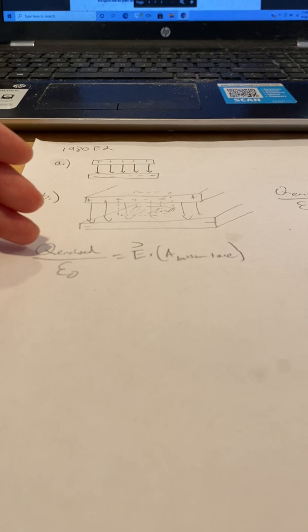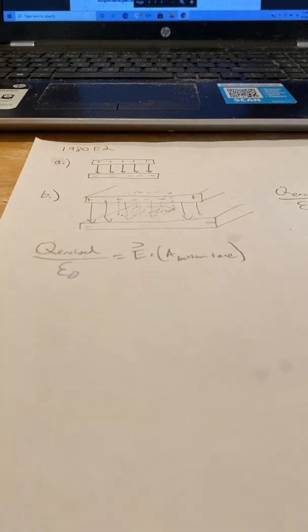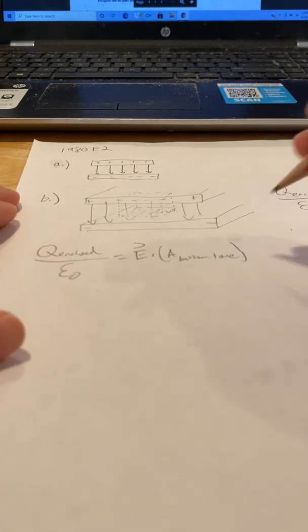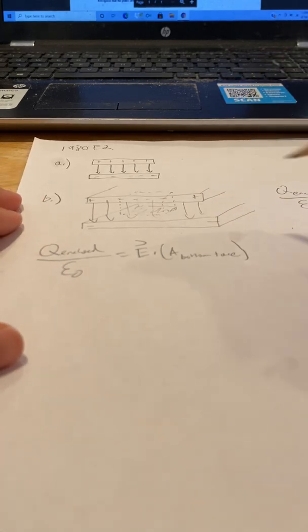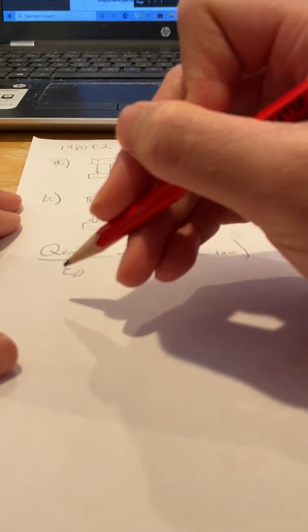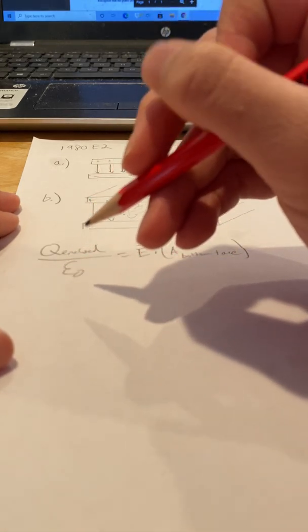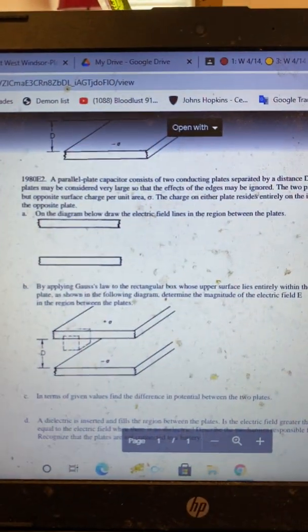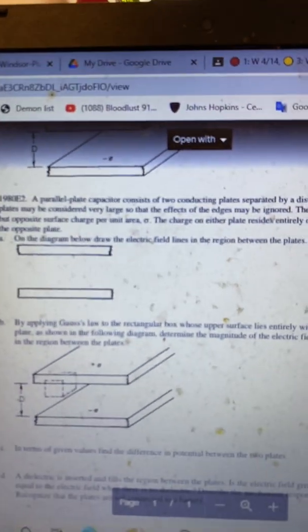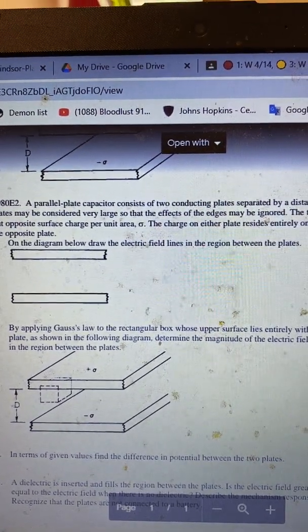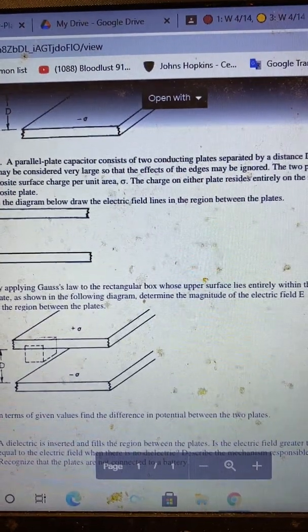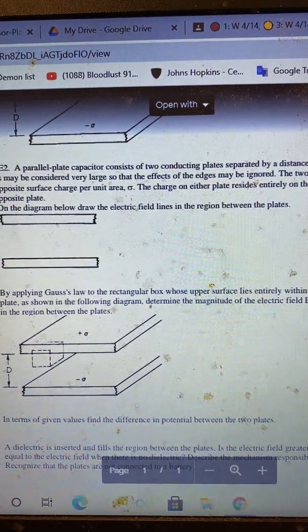Let me just make sure. Yeah, okay. So the charge enclosed would be... They say the two plates have an equal but opposite surface charge per unit area of, sorry, it's a bit out of focus, that Greek symbol.